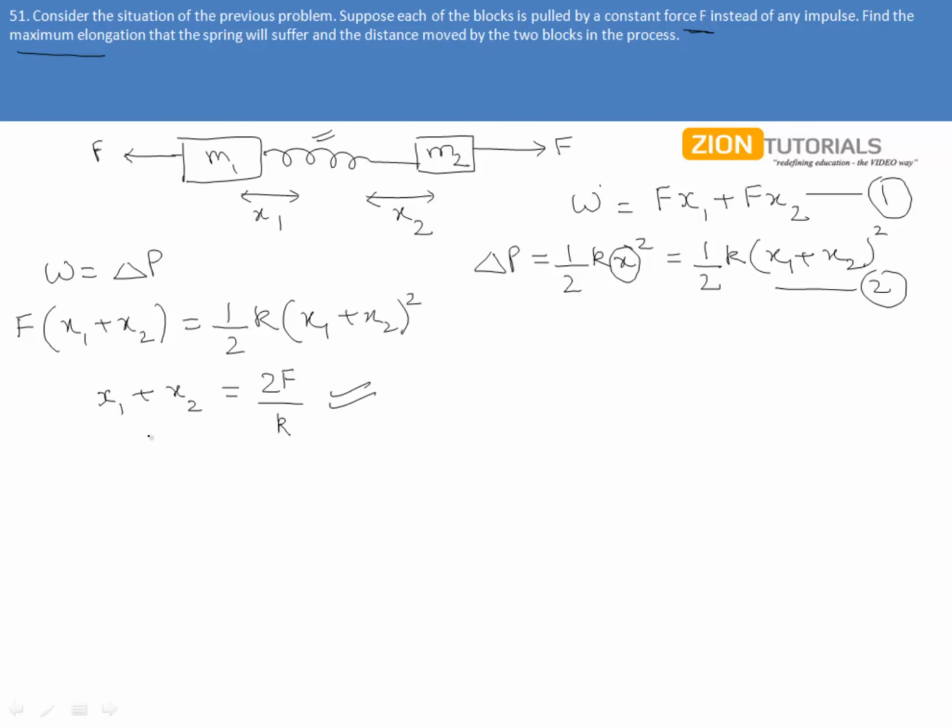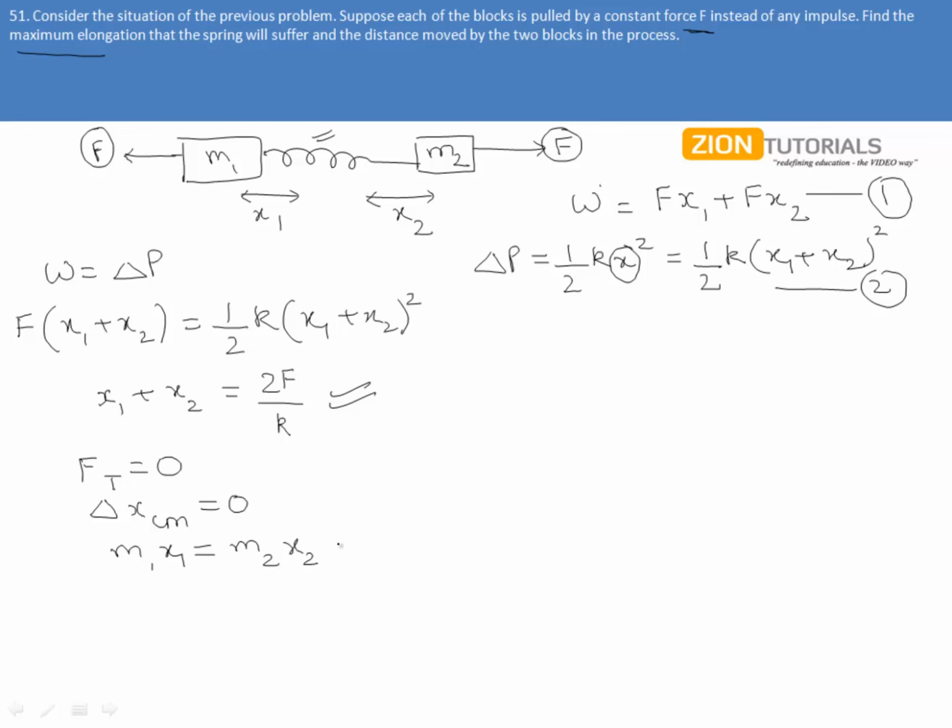Now friends, we all know that since these two forces are equal and opposite, the total force on this system is 0. And if the total force is 0, then the displacement of the center of mass has to be 0. In that case, we will have m1 x1 equals m2 x2.